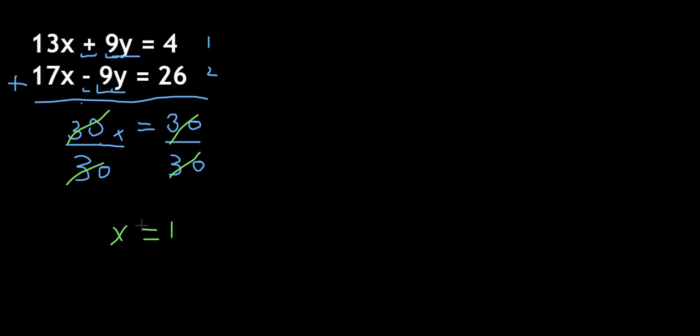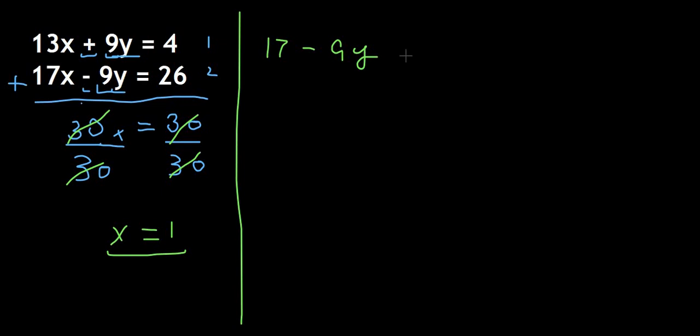Now we're going to put this value of x in any of the equations. This time let's choose equation number 2. So 17 into the value of x, which is 1. 17 times 1 equals 17, so let's just write it as it is. And then minus 9y equals 26.